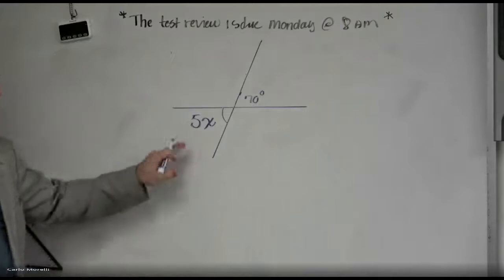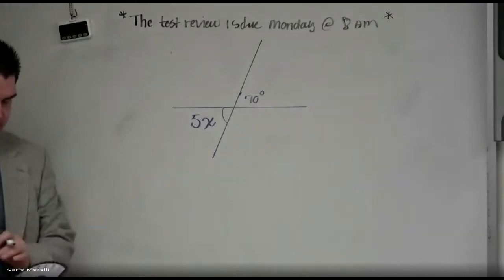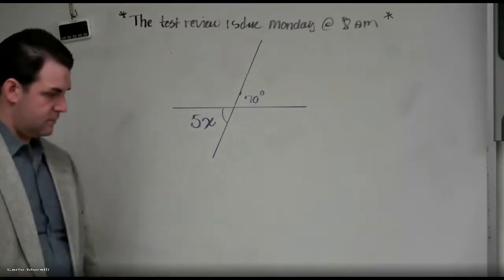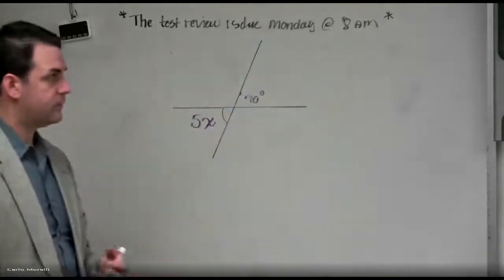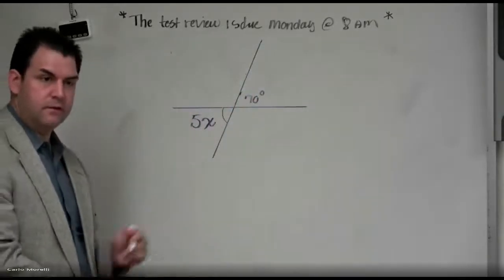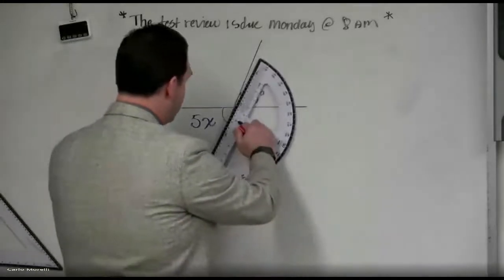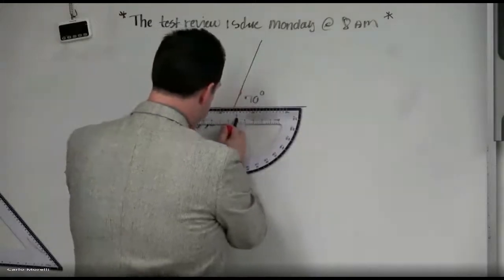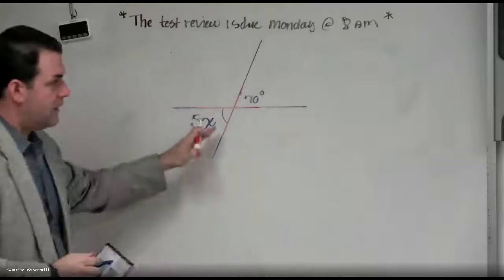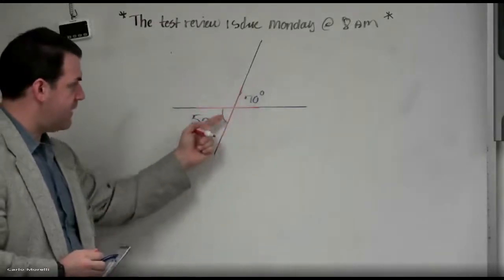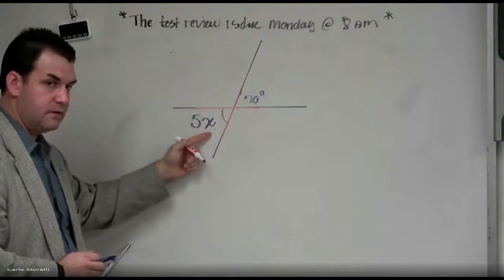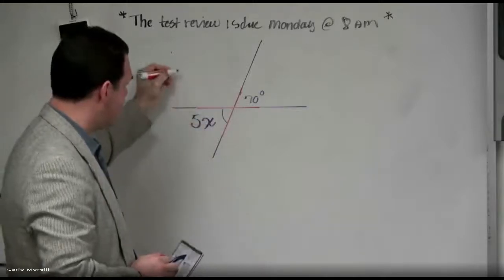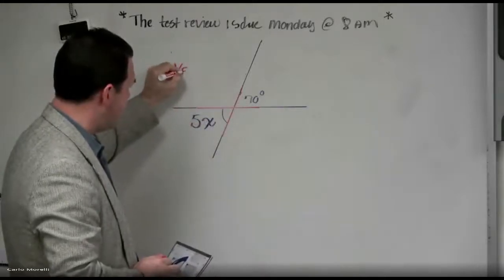Now they might ask you again, what is x? So now we have to learn something new. Do you see how these lines right here cross and make kind of an X shape right here? Do you see how the 70 degrees is mirrored from the 5x? This relationship between 70 and 5x, this is called vertical angles.